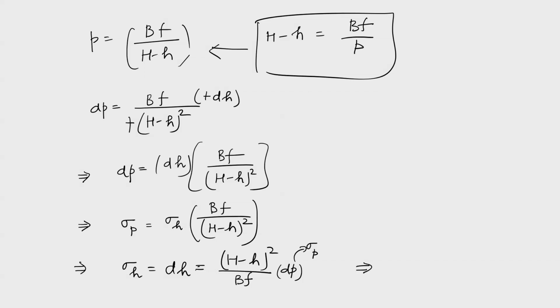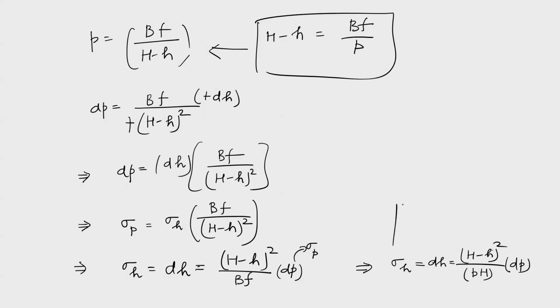There finally I write dH is equal to (H minus H whole square) divided by (B into H), which is nothing but B into dP.